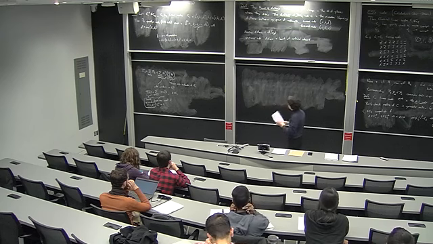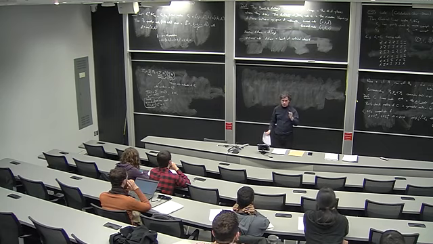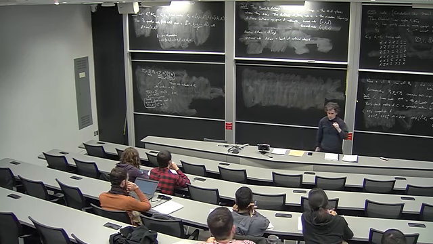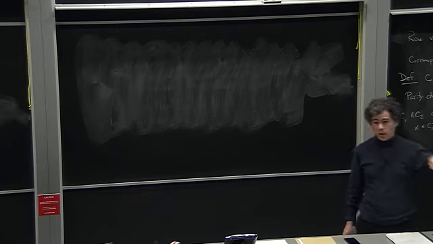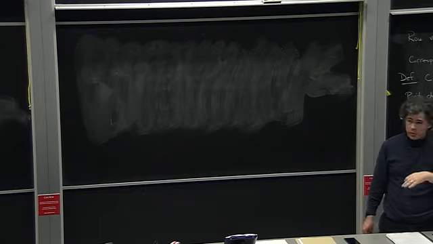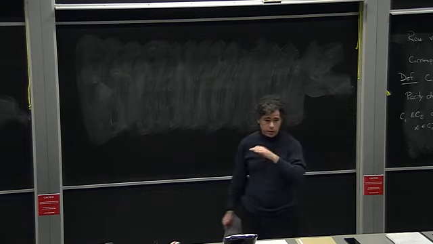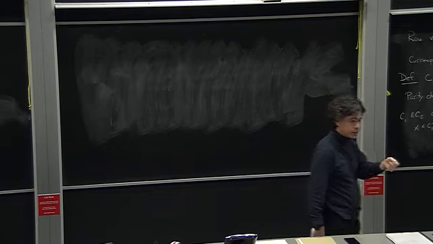Okay, so the first thing to notice: when I introduced stabilizer codes, I said we're going to pick elements of the Pauli group to be the generators, right? And the elements of the Pauli group are tensor products of I, X, Y, and Z with signs plus or minus 1.